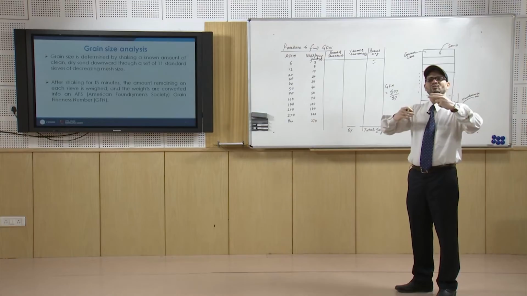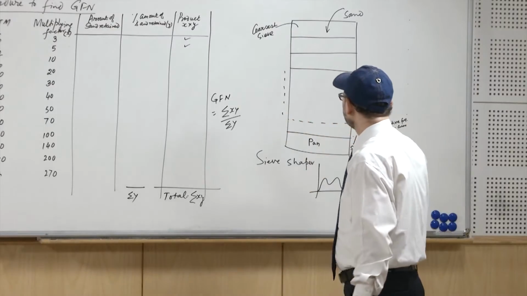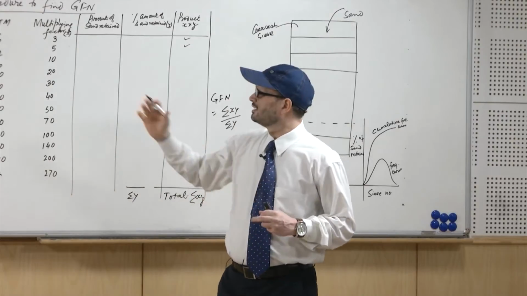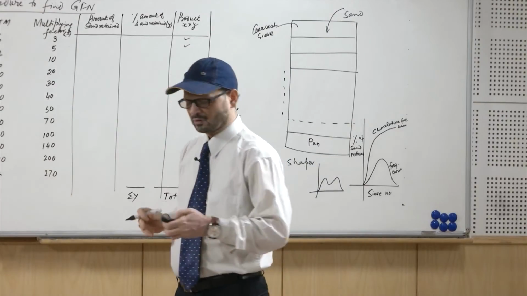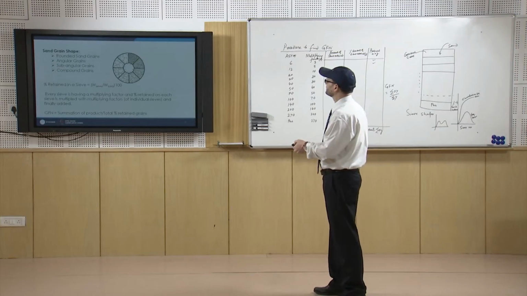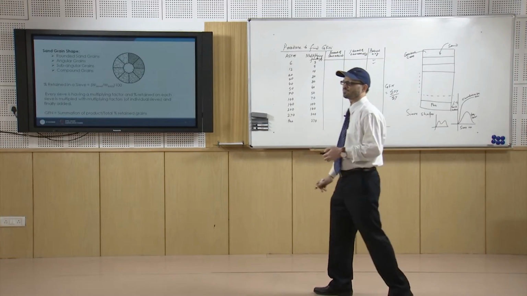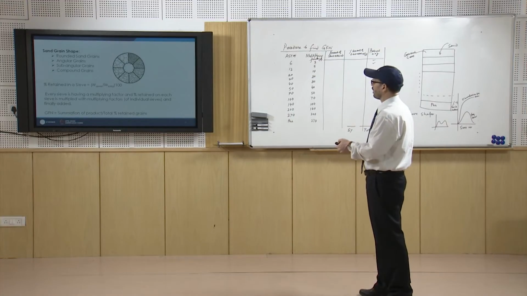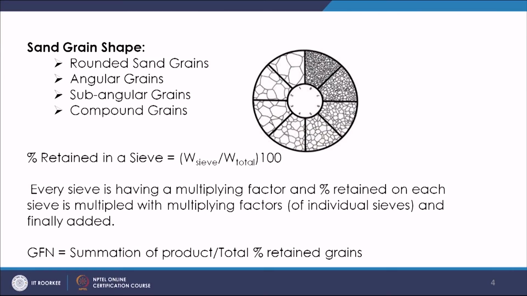Then we also have to know the sand shape. So, next is sand grain shape. As we have discussed in our earlier class, the shape can be rounded, angular, subangular and compound.